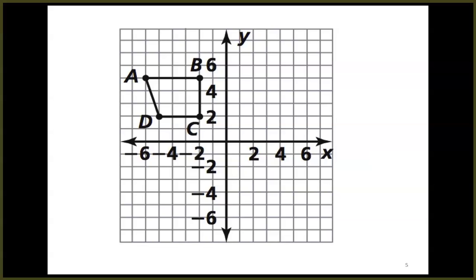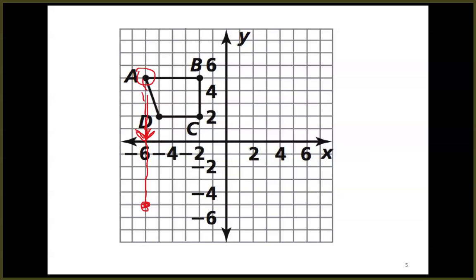If we reflect it across the x-axis and I wanted to do point A, I'm going to have to take point A right here and I'm going to go towards the x-axis. Notice I go 1, 2, 3, 4, 5 spots to get to the x-axis, which means I'm going to have to go 1, 2, 3, 4, 5 spots from the x-axis, and I'm going to put a little dot there.